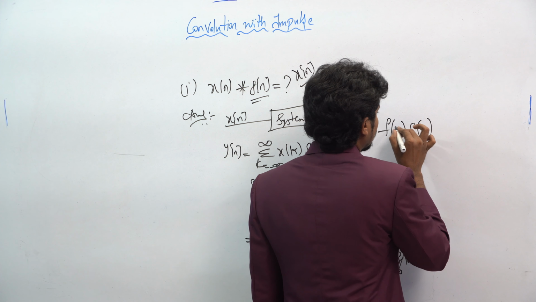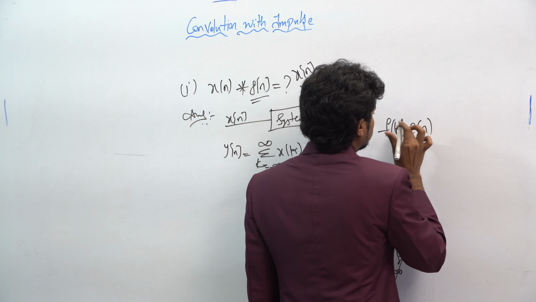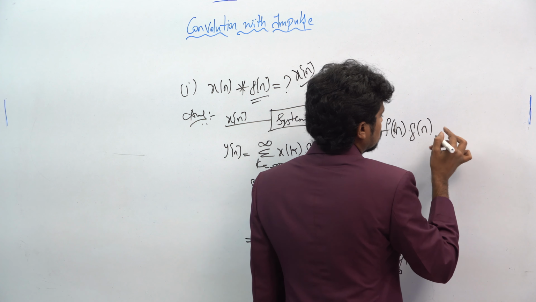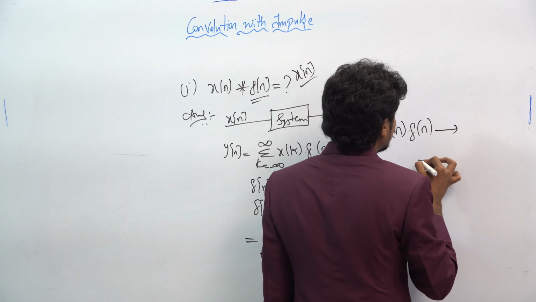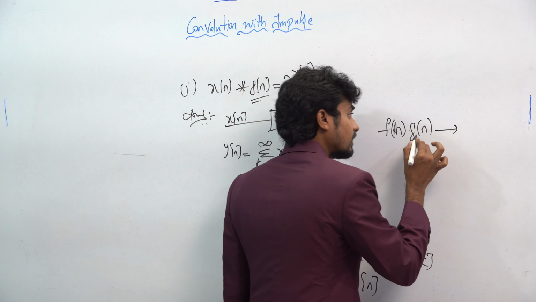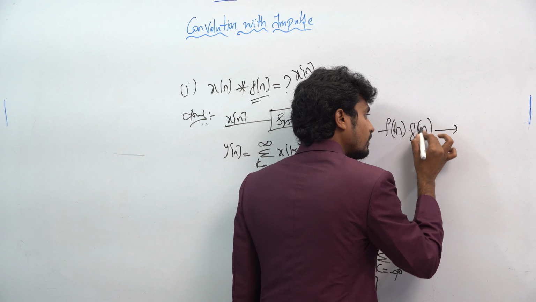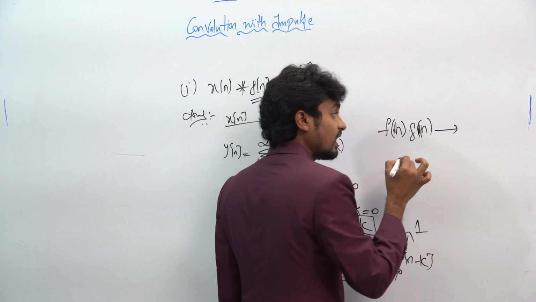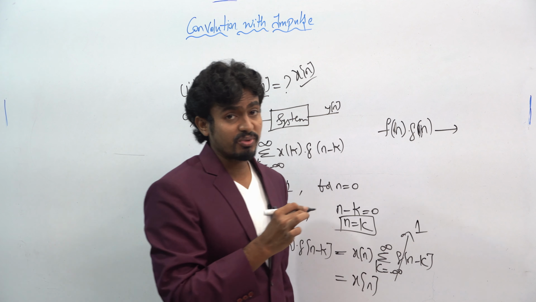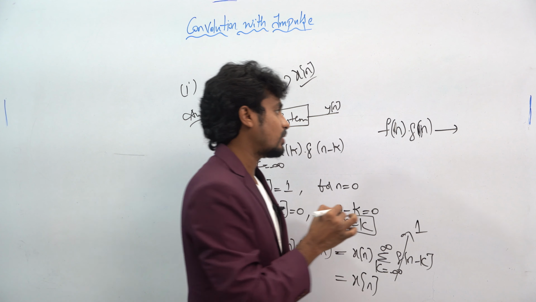Here no scaling value is present, which means you must take n as 0.